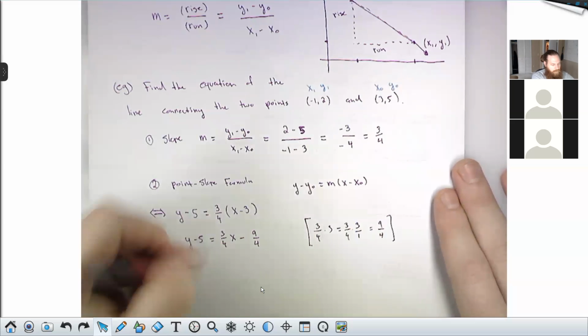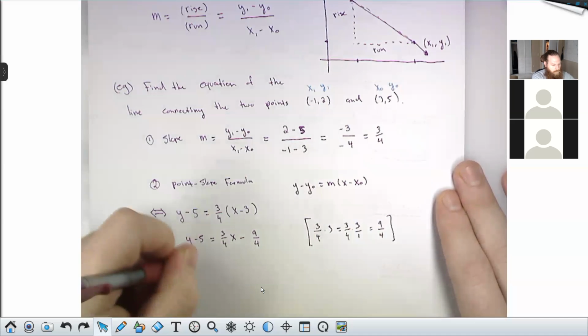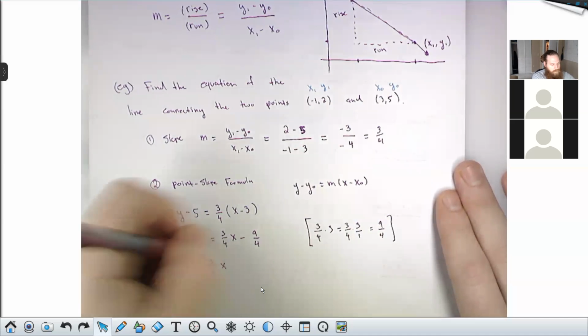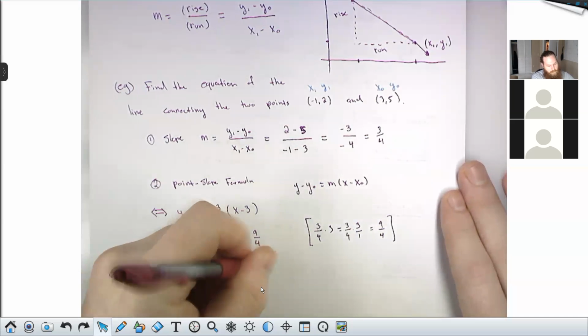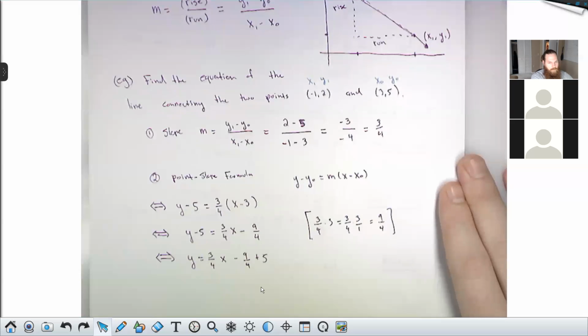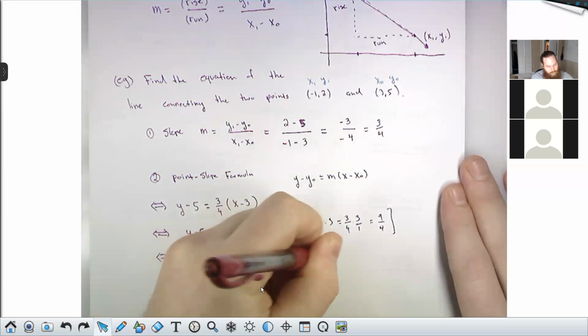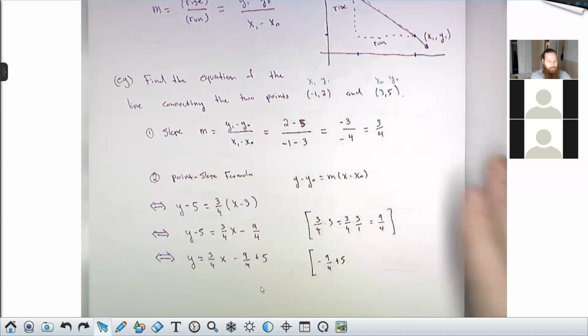And then we have to add the 5 over. So we'll have y equals 3/4 x minus 9/4 plus 5. And again, I have some arithmetic I need to do. Negative 9/4 plus 5. If I don't have a calculator, how do I add these things?